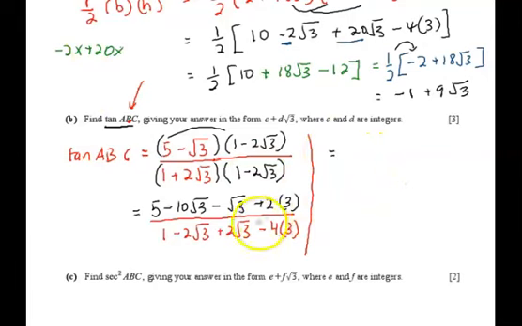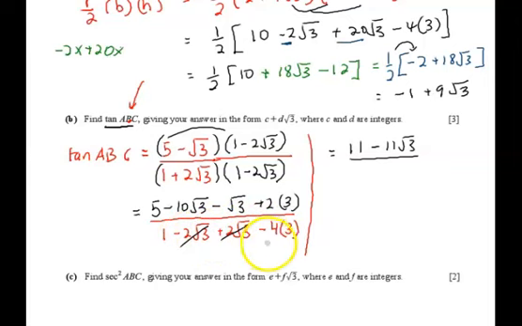Your answer, this will turn up to become 6, so you got 11. 5 times 5 plus 6, and here you'll be getting minus 11 surd 3, divided with, these two will cancel each other because it's plus minus.